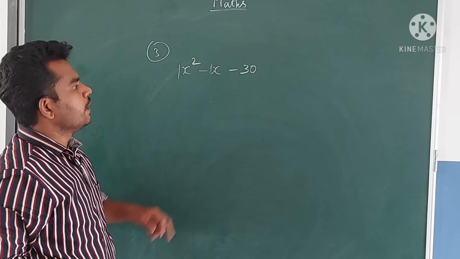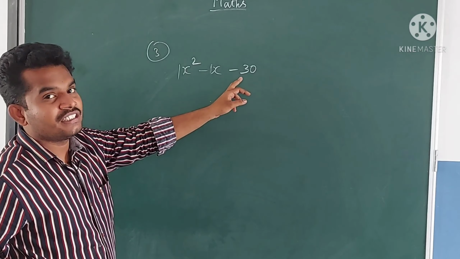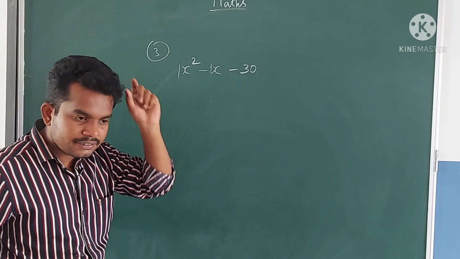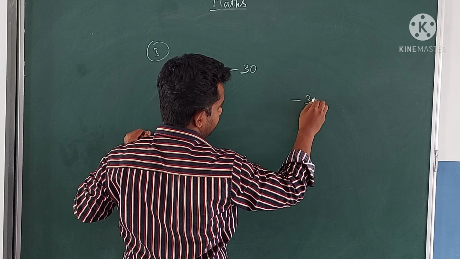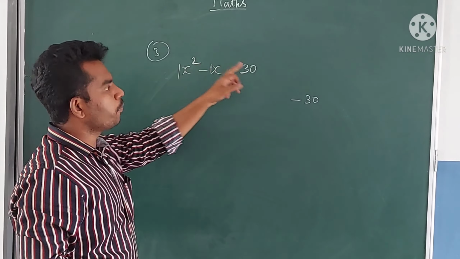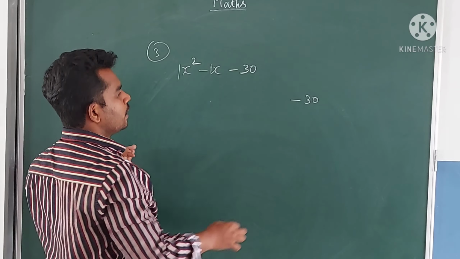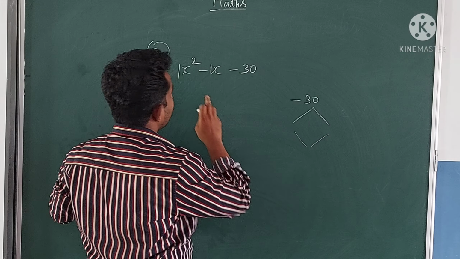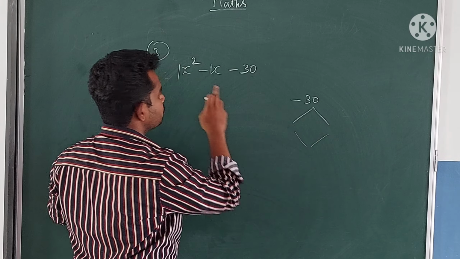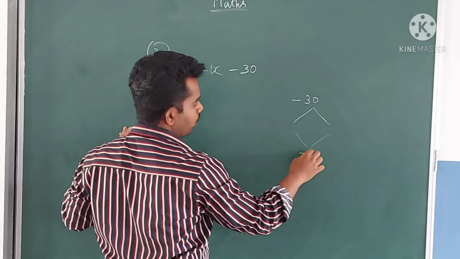What is the constant term? 30. You should write the symbol also. Minus 30. 1 into minus 30, minus 30. The sum of the factors should be minus 1.